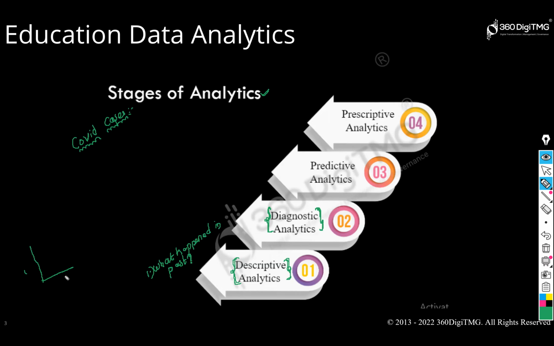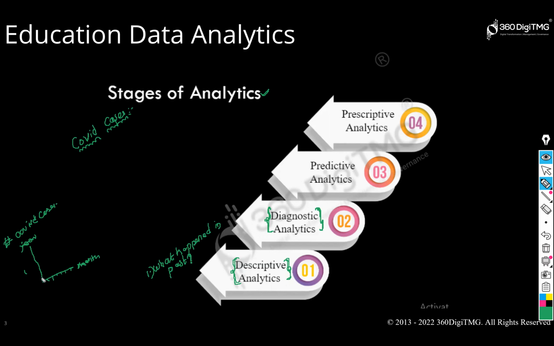This is months, we can say. No, this is not years, this is the number of COVID cases. So first month, second month, third month, fourth month, fifth month, sixth month, let us take 6 months of data.